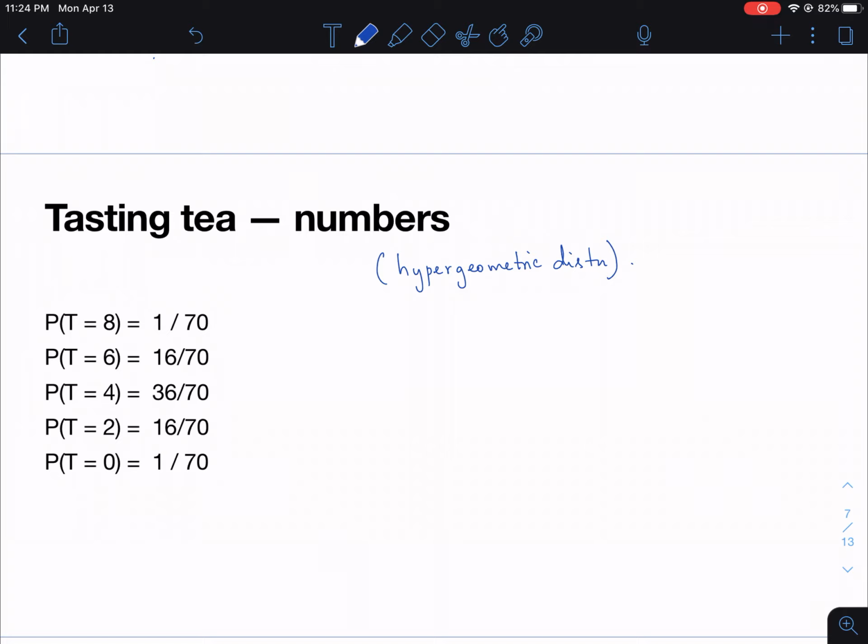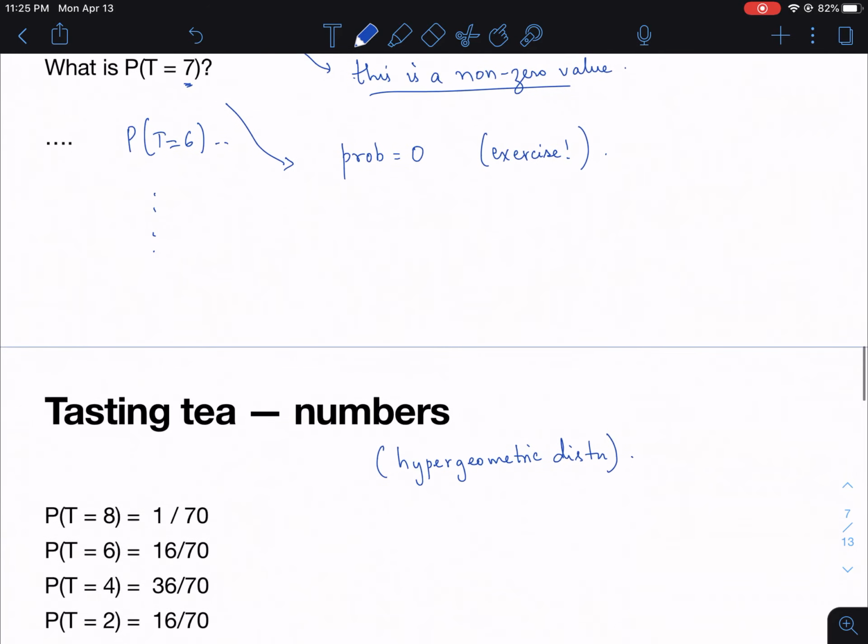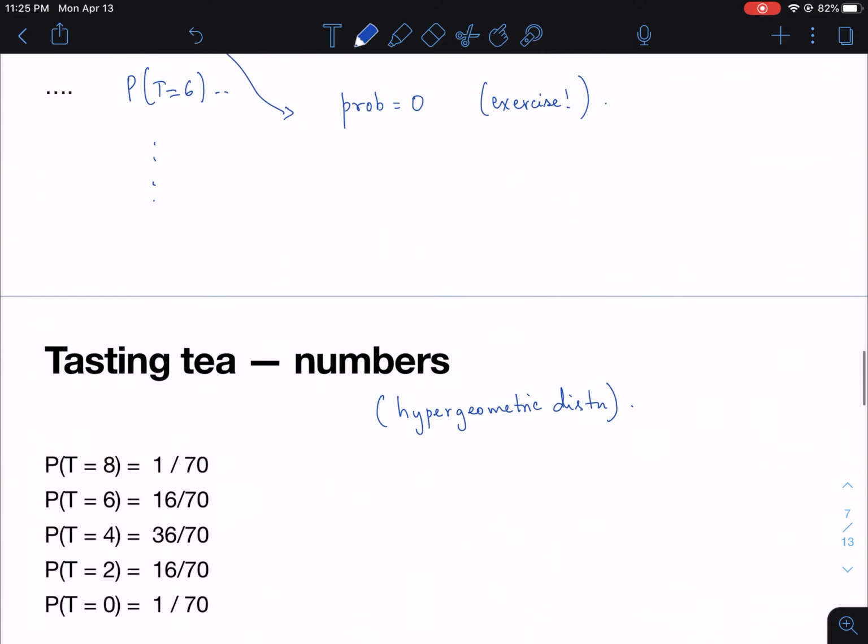You can also estimate these probabilities in R via simulation. That's another way to get these numbers, but in this case there's a simple formula. I'm not deriving them because the point of this lecture is not to derive these kinds of numbers, so trust me with these values.